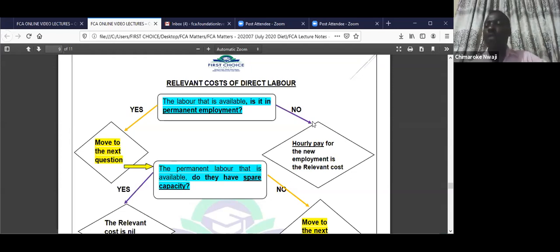And your answer was no. It means you have to go and recruit specially for that job, which is avoidable. And when you recruit workers for that job, you have to pay them hourly rates. So any amount they charge you per hour is what you will pay for the number of hours they spend on the project.